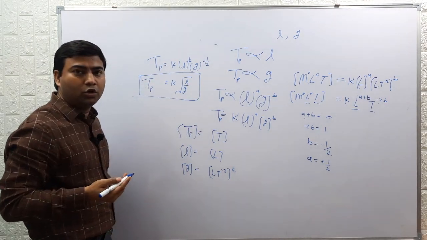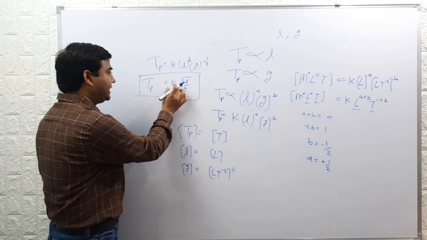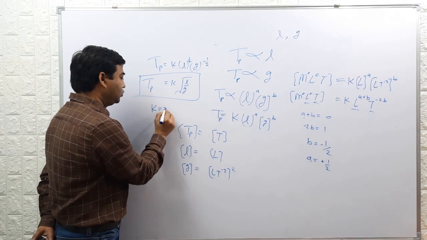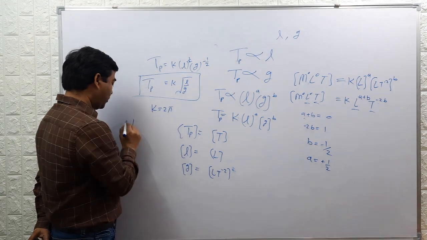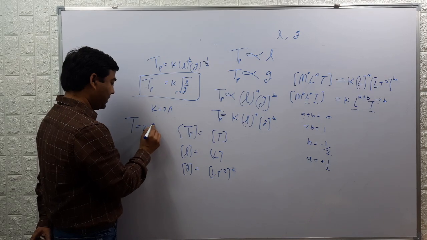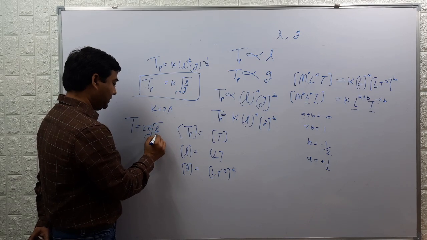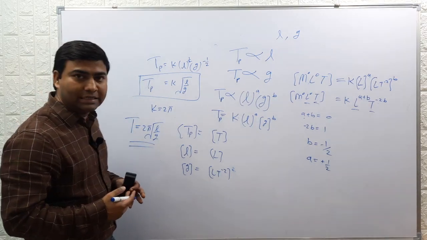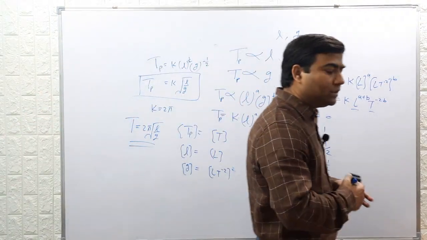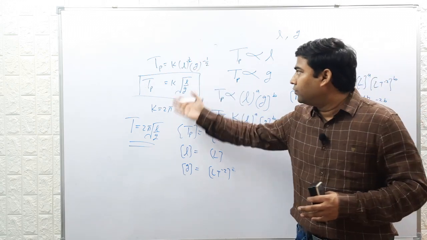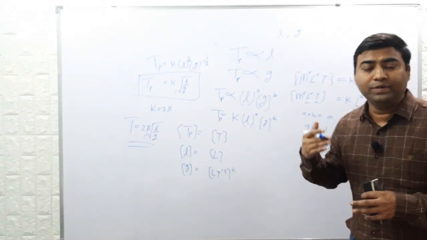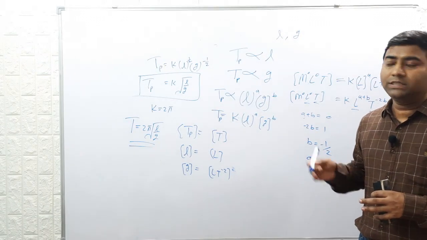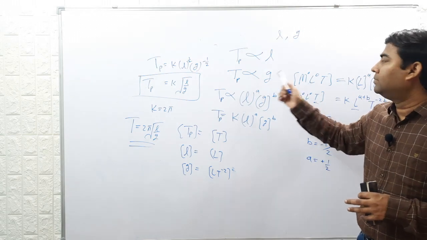By experiment, we all know that k is 2 pi. So the formula is T is equal to 2 pi under root L by g. So this is the dimensional analysis which can be used to derive the formula of a physical quantity which depends on some other quantity.